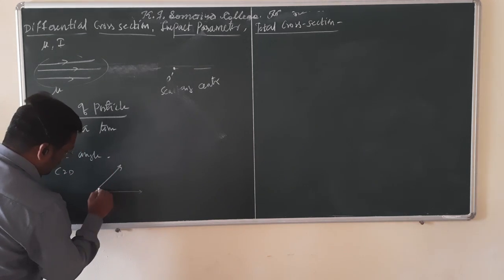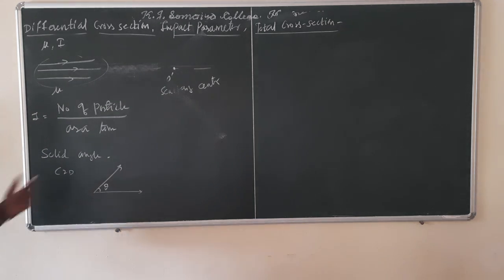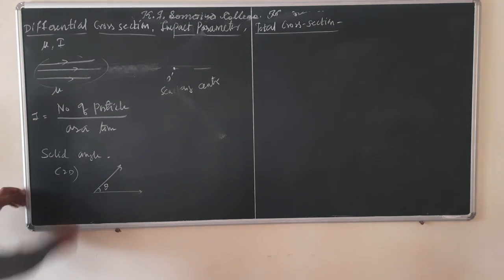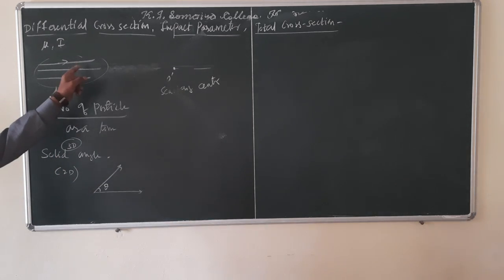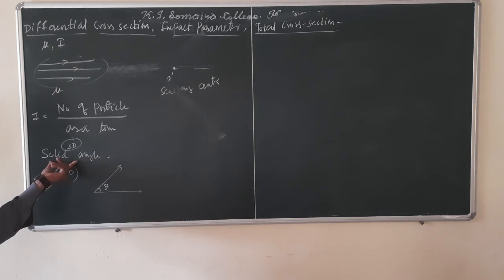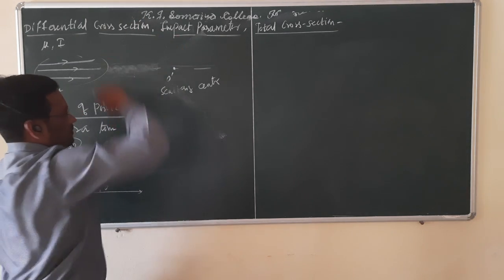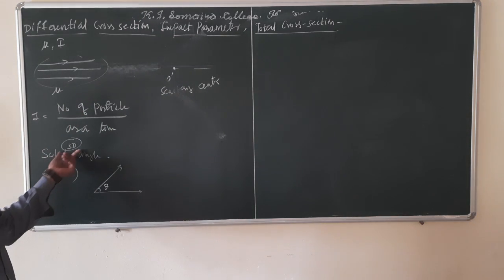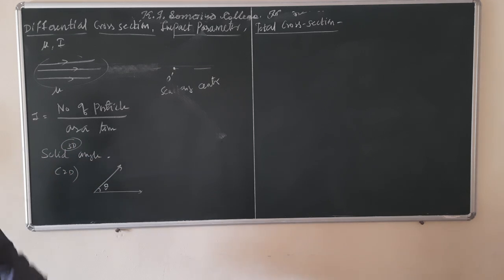A solid angle is a three-dimensional angle. For scattering, we have to take the solid angle because scattering is in all 4 pi directions, so we have to take the 3D angle into the calculations. That three-dimensional angle is known as the solid angle.